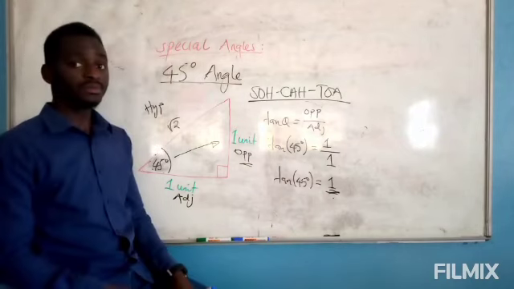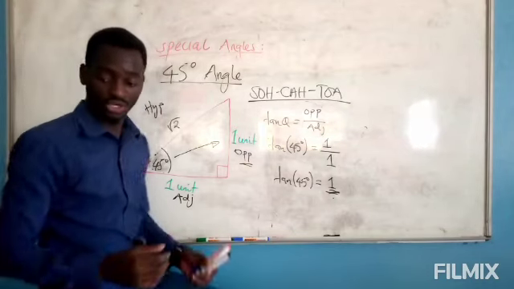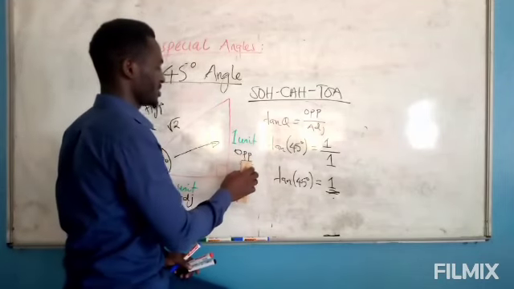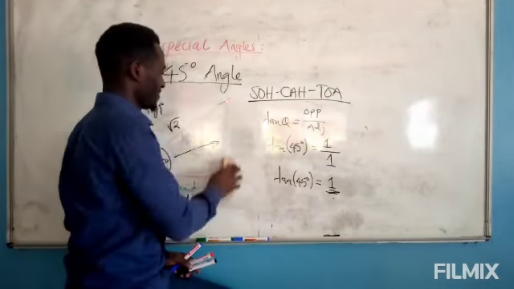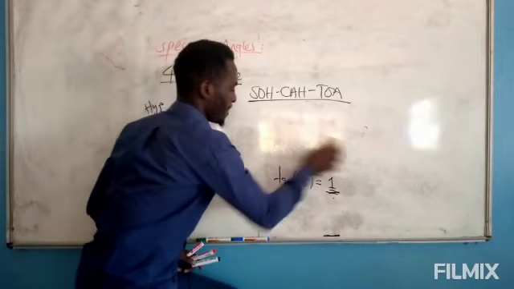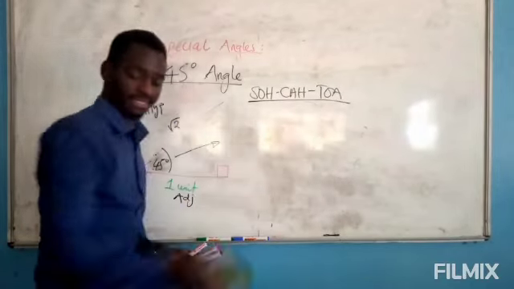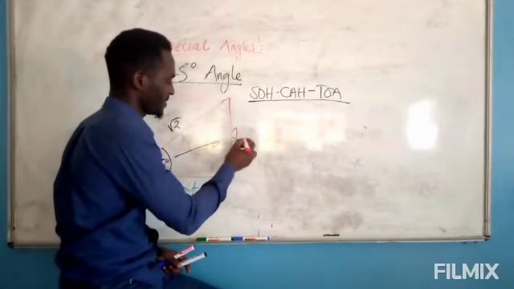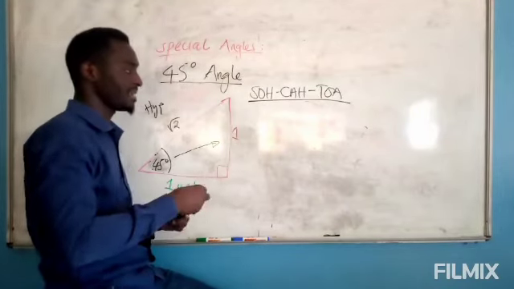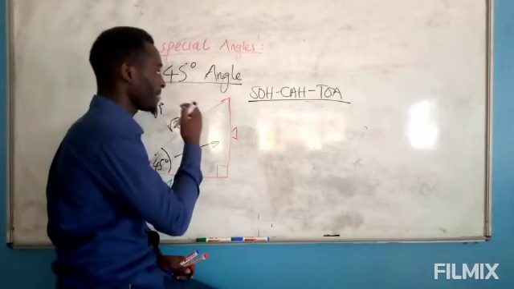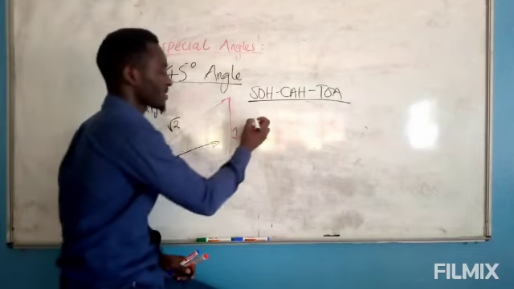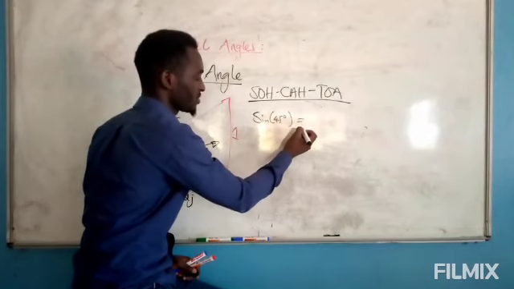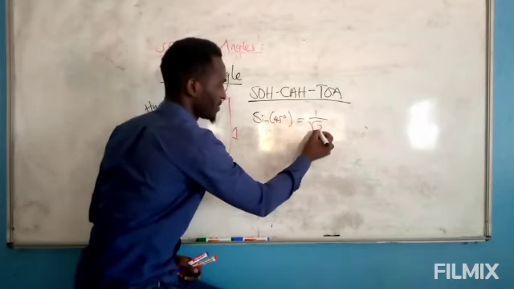So, I want to show you in summary, okay? Okay, so in summary, we are saying that on a 45-degree angle, sine 45 degrees is equivalent to what? 1 over the root of 2.